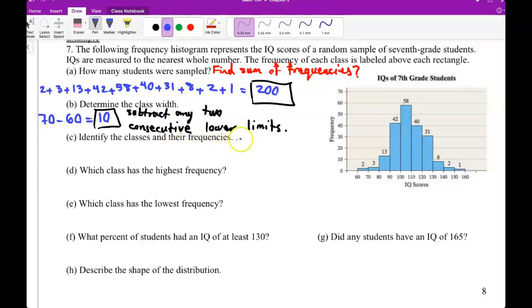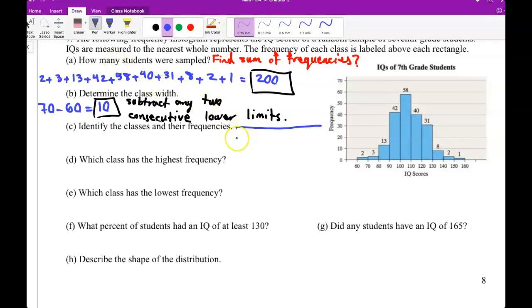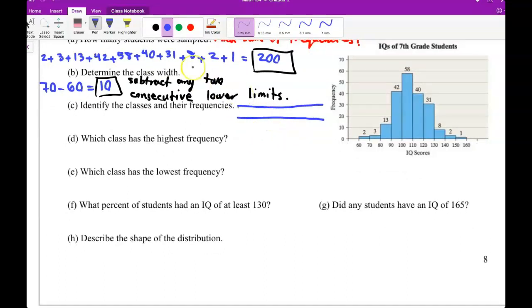So this is for part C. Okay, so here is IQ scores and this part their frequency. We have 60. This is 70, but we shouldn't write 70.